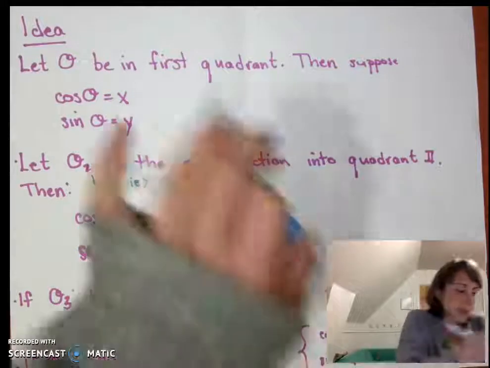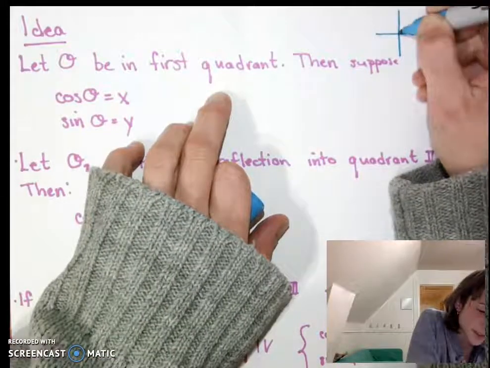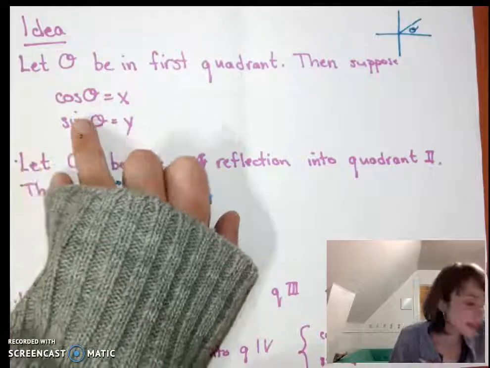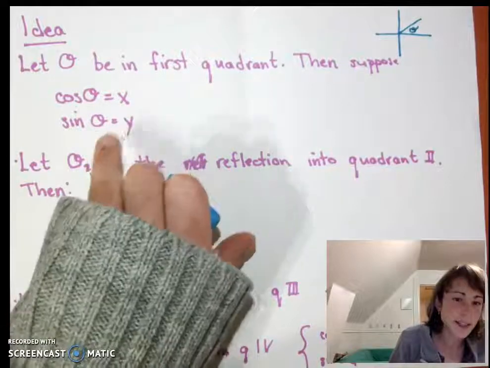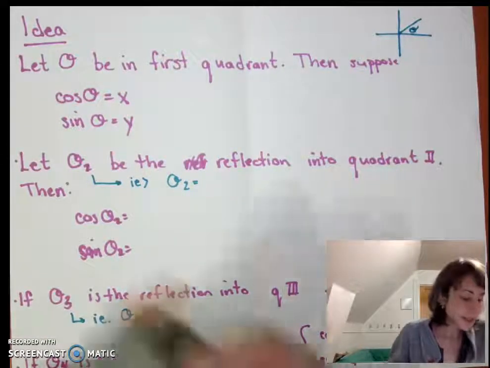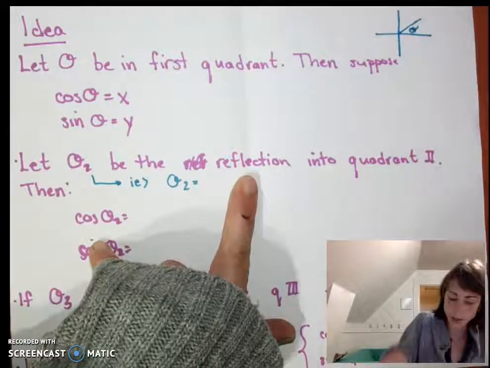Okay, so let theta be in the first quadrant. So here's our angle theta. And suppose that cosine of theta equals x and sine of theta equals y. Now let's consider theta 2, which is the reflection of theta into quadrant 2.